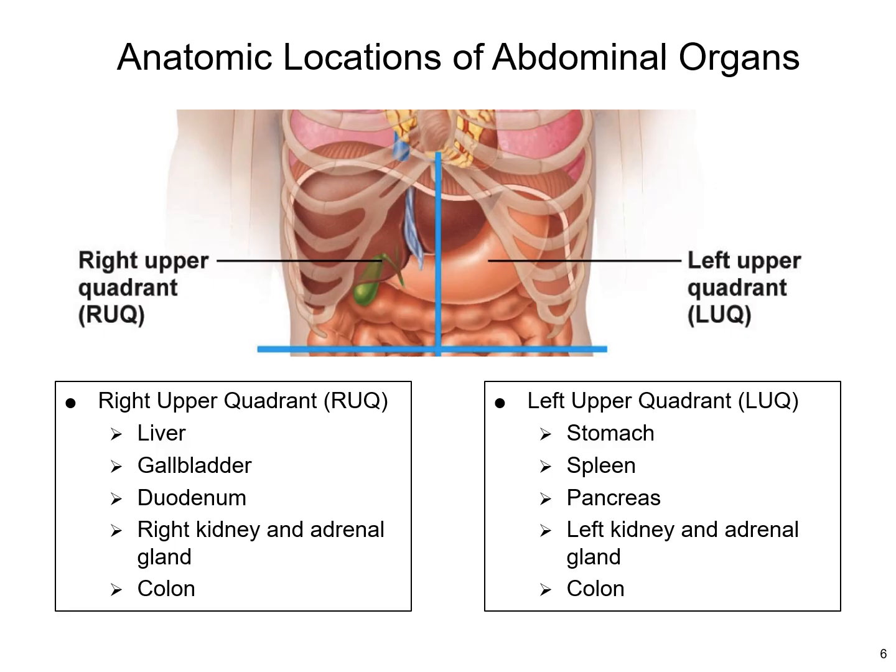On the left upper quadrant, you're going to have the stomach, the spleen, the pancreas, the left kidney and adrenal gland, and colon. It's important for us to know what organs are located in what quadrants for when the patient or client complains of pain. It will kind of give us an indication of what organ they could be having the problem with.